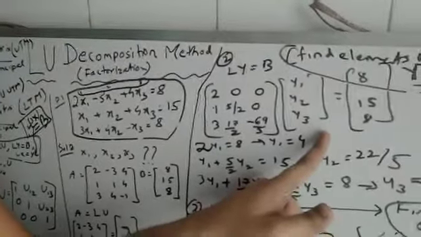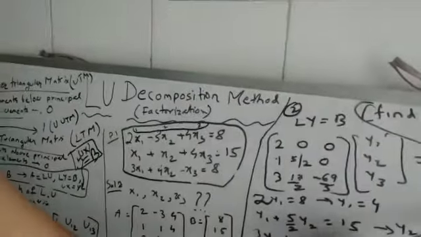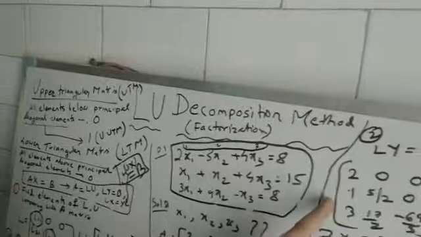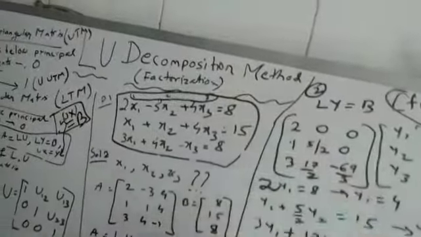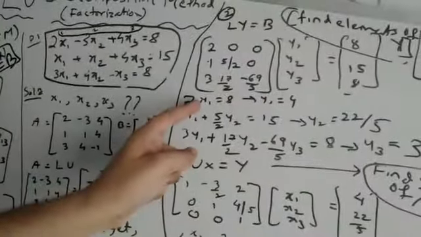Okay, next step is Ly is equal to B. We know L is these values, then L into y is equal to B. This is my B matrix, this is my y matrix, this is your L matrix. Fine. So in this way, if I just find the product of these two matrices and compare, then I will get this.